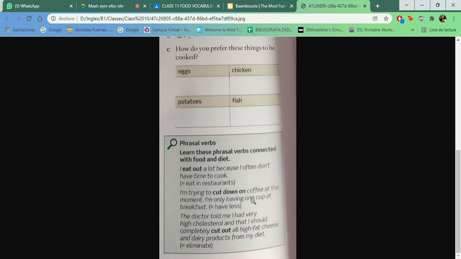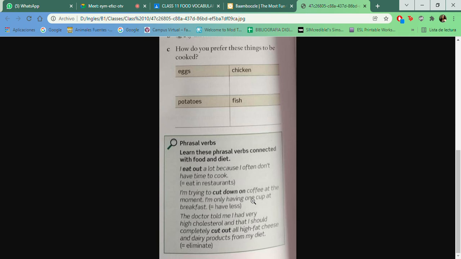I read that word, but I didn't know the meaning. Very good. It's called dairy products. Anything that has milk. Then we have fat. Maybe you hear the adjective fatty, right?